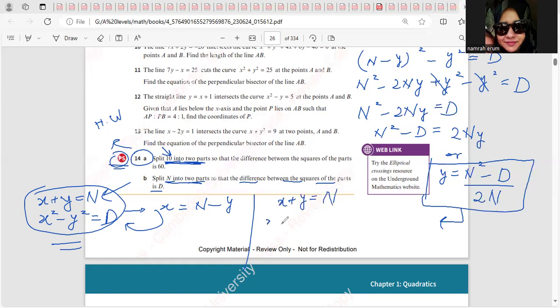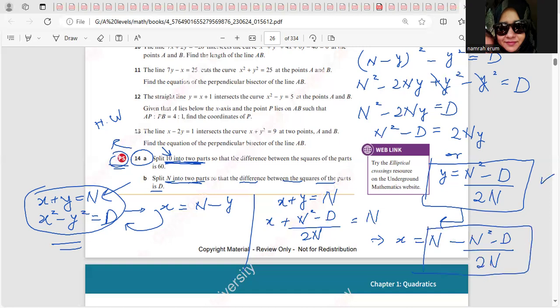Then x plus n square minus d over 2n is equal to n. Okay? Yes, miss. If I take everything to the other side, x is equal to n minus n square minus d over 2n. So this is my x and this is my y. Solved.